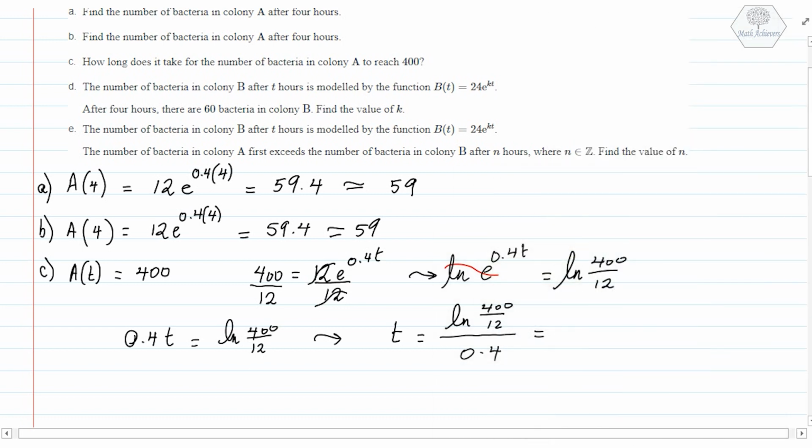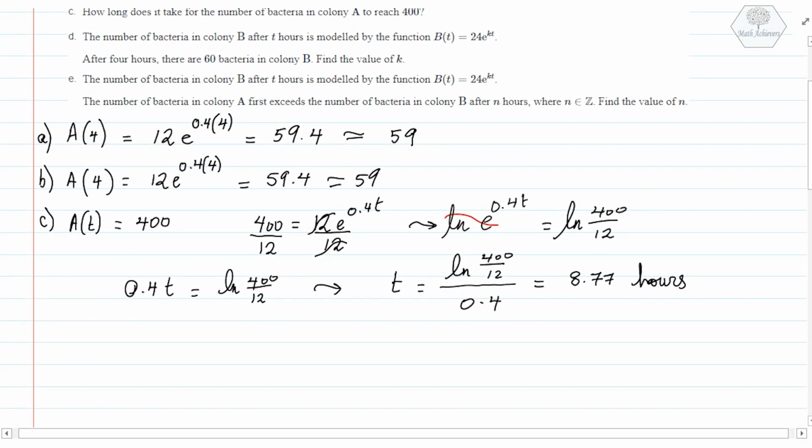So the time needed for colony A to reach 400 is 8.77 hours. This value is rounded to 3 significant figures because we always need to round to 3 significant figures.